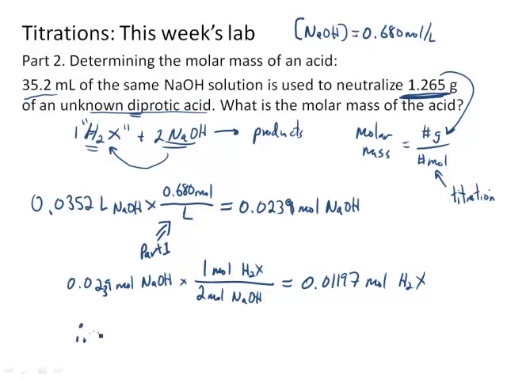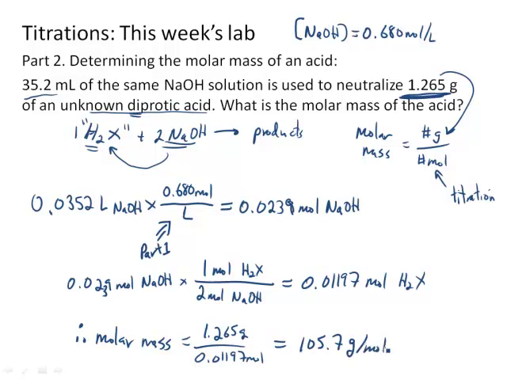Therefore, the molar mass is equal to the number of grams you used, 1.265 grams, over the number of moles, 0.01197 moles. And I get 105.7 grams per mole, which is a perfectly reasonable number. And that's it. That's how you use solution stoichiometry to determine things like that. We are done.